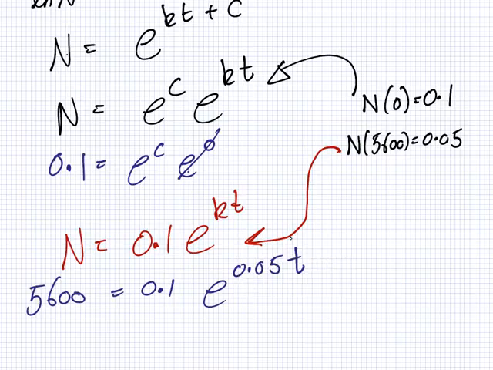So, if I get my calculator... 5600 divided by 0.1, log that. Something went wrong.